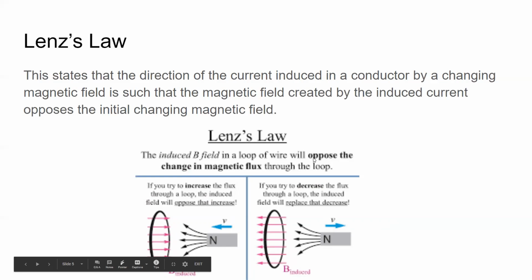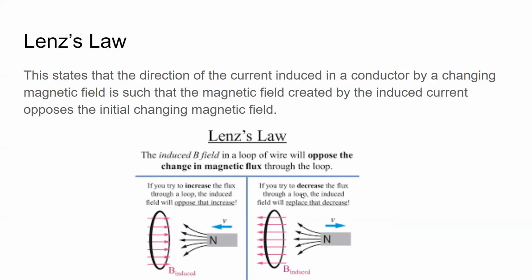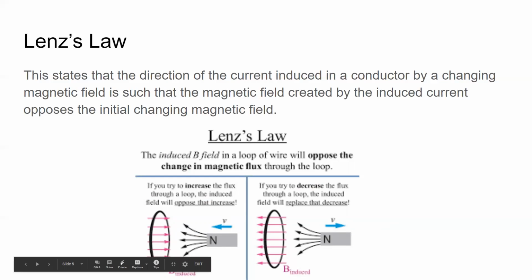And in the other case, if you try to decrease the flux through the loop, the induced field will replace that decrease. So the B field induced here will oppose it by going this way. And this way it would be replacing the decrease, and this way it's opposing the increase.